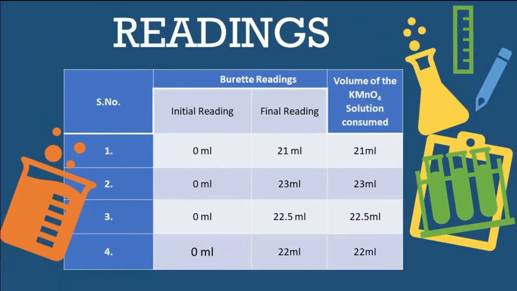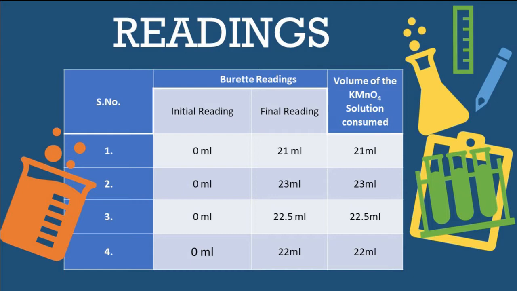Now, as we have performed the practical, let's look at the burette readings for our practical. We have taken 4 concordant readings. In each, as I told you, we have made it up to 0 ml for easy calculation.